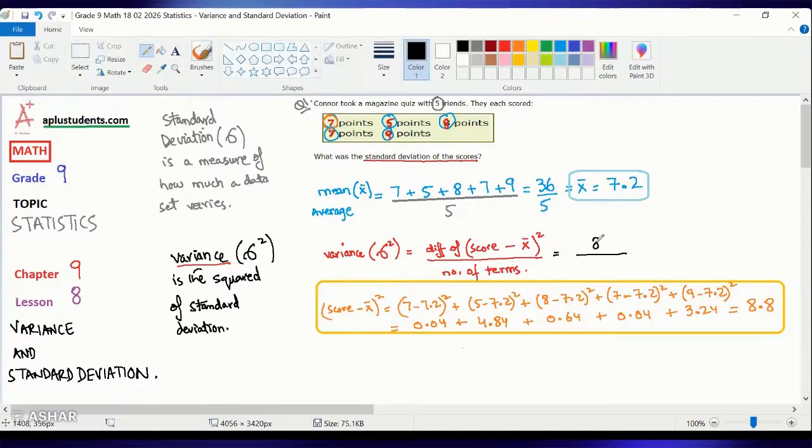This was 8.8. And how many total terms were there? There were 5 terms. So when we divide 8.8 by 5, it comes out to be 1.76. That equals the variance. Agreed? But in the question, we had to find the standard deviation, right?